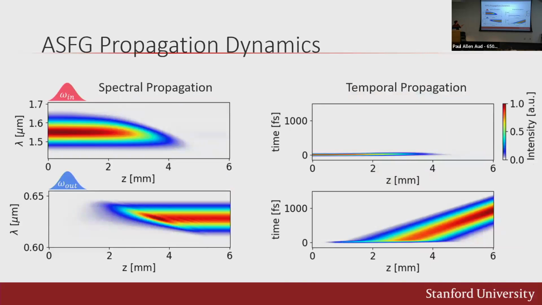So now if I look at some propagation data here, these are all just simulations, and I have a telecom input. You can see that each of the frequencies convert at different positions. And then I generate this signal output at 625 nanometers here, which is stretched out to about 250 femtoseconds.